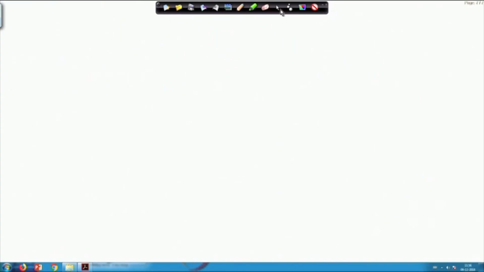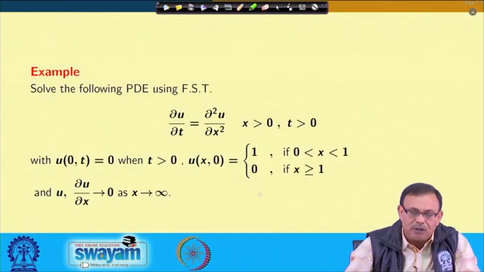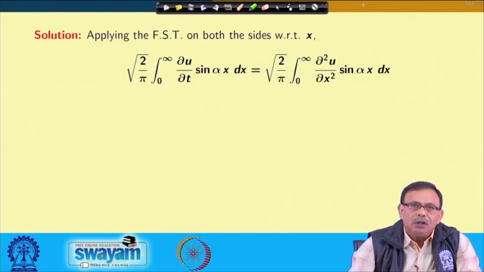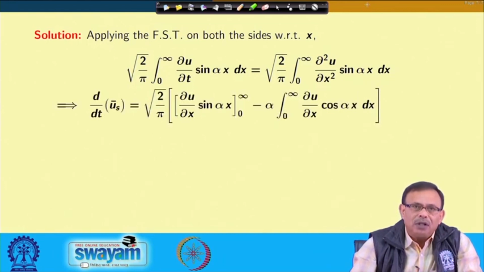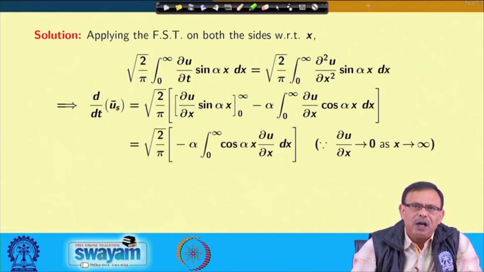Let us see, the problem was this one. I am taking the Fourier sine transform on both sides of the given equation. From here, the left hand side is nothing but d dt of u bar s, and the right hand side I have to evaluate. There I am using one condition, del u del x approaches 0 as x approaches infinity, so that the first term will vanish when you put the limits 0 and infinity, and you will have only the second term, that is the integral.